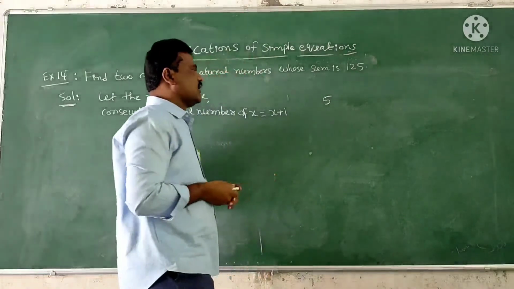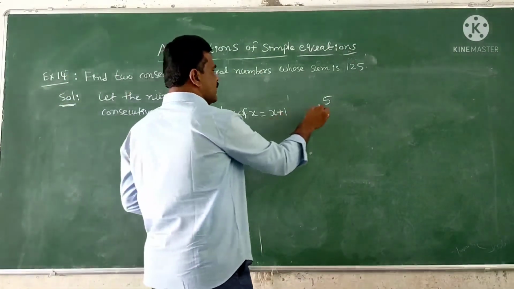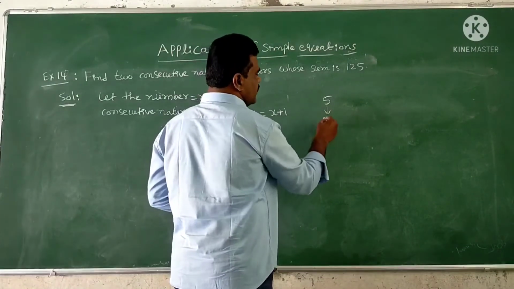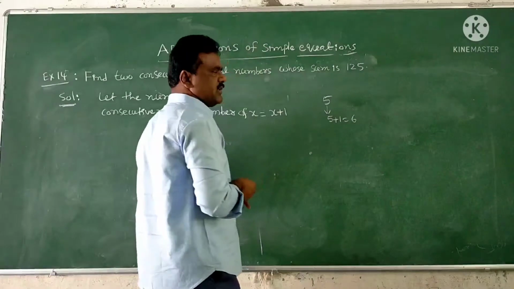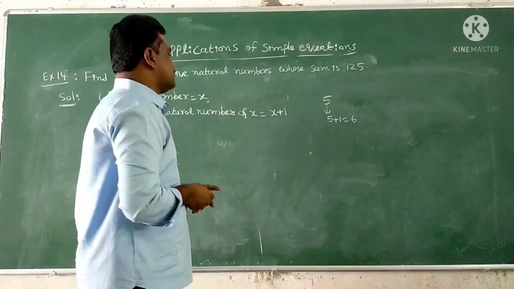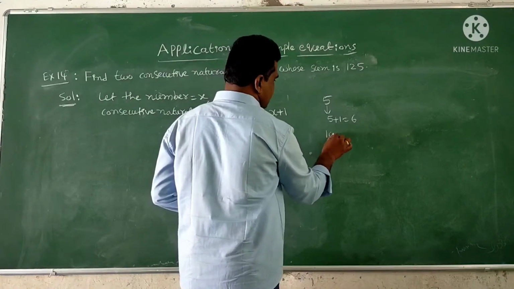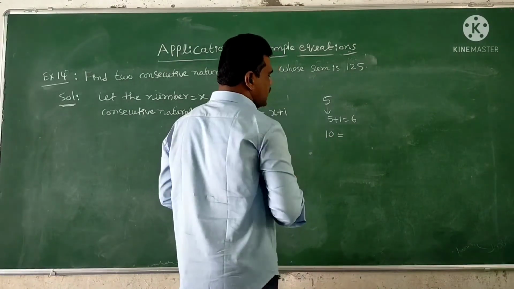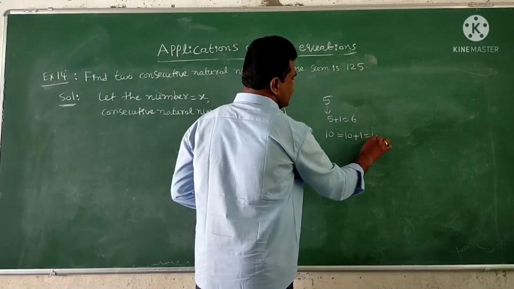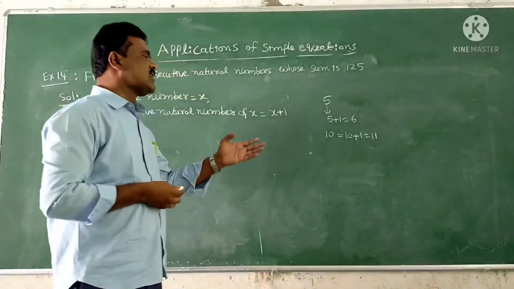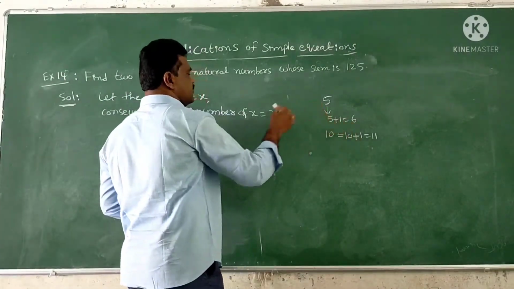If I take the number 10, what is the consecutive number of 10? 10 plus 1 is equal to 11. 11 is the consecutive number of 10, and 6 is the consecutive number of 5.